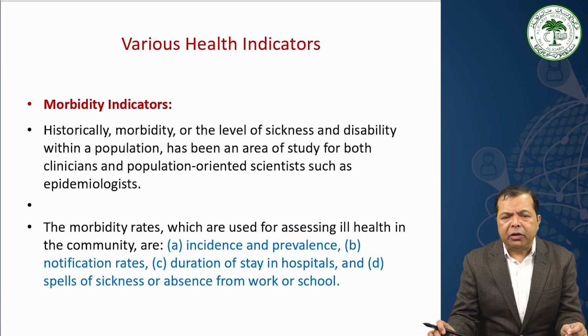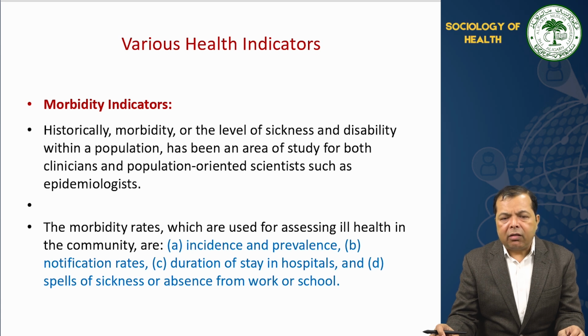Then there are morbidity indicators. Basically, what is morbidity? Morbidity is the prevalence of sickness and disability within a population. Historically, morbidity has been an area of study for both clinicians and population oriented scientists such as epidemiologists.